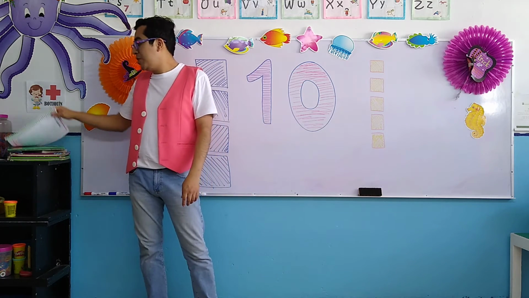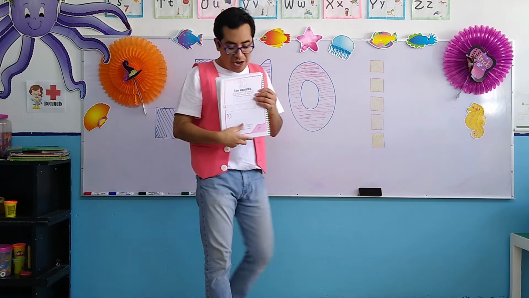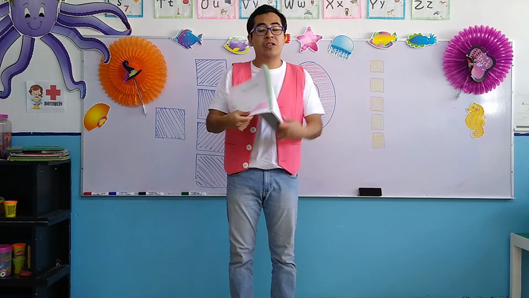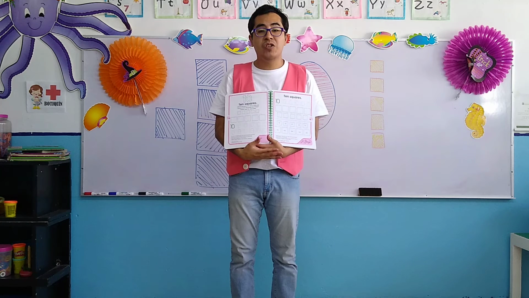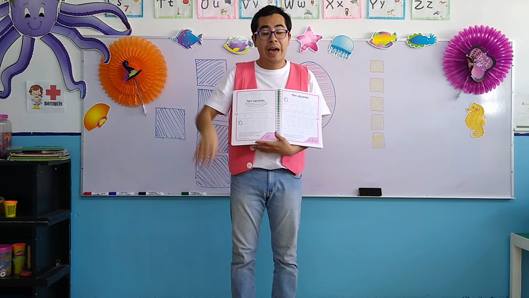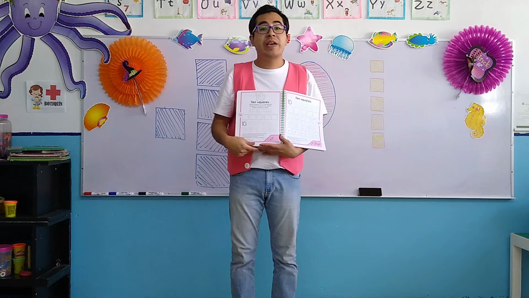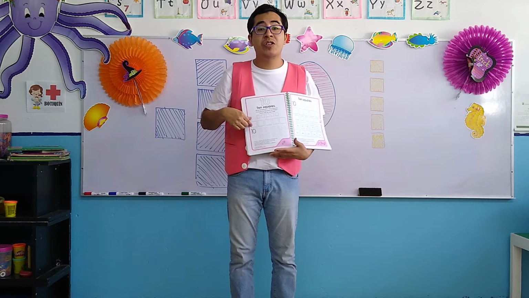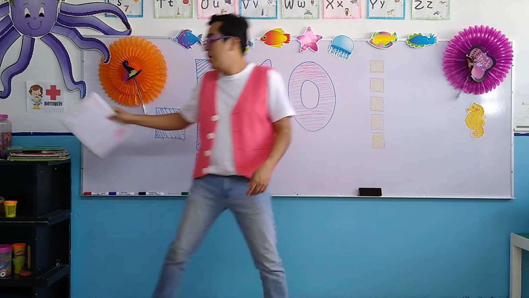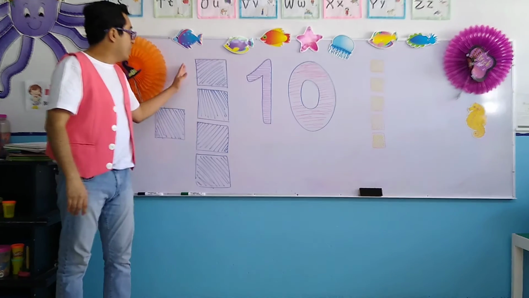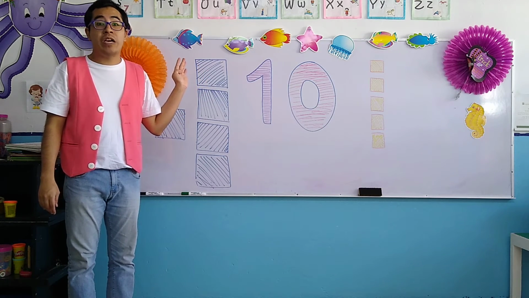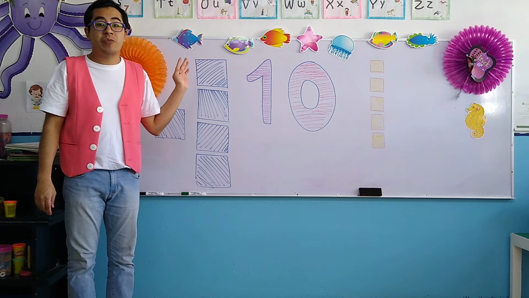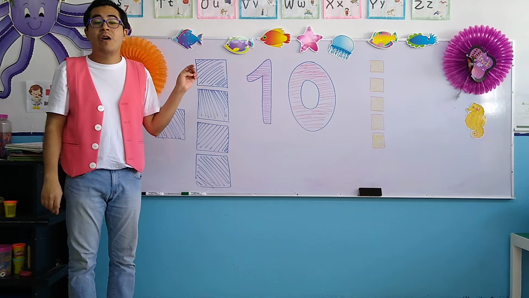The activity of today, my children, appears right here in this page, in these two pages. Now, as you can see here, in these two pages, we have the number 10. And under the number 10, we have several squares. This is a geometric shape called squares. Now, these squares, you have to pay attention on the exercise, my children, because we have two sizes of squares.